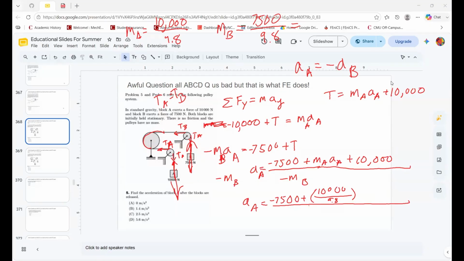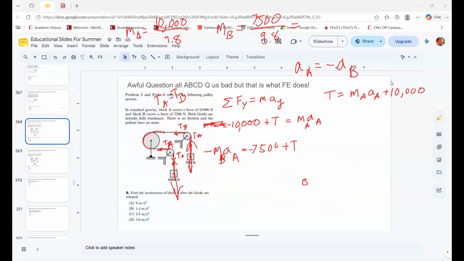Sorry. I was supposed to isolate one of them, but I didn't isolate properly. Let me isolate properly here now.